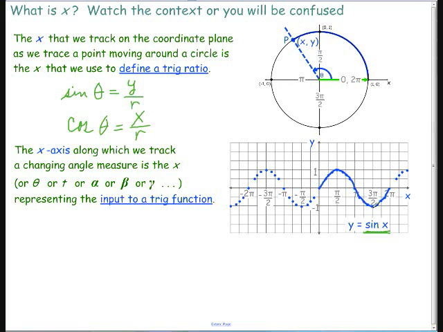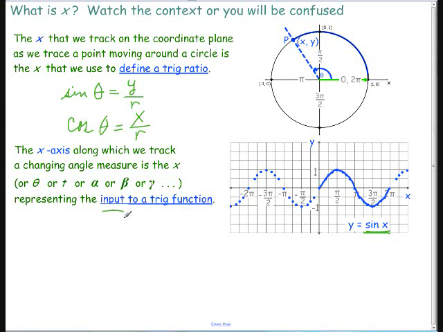And then back up to 0. So one full rotation when we're looking at where an angle sits within a circle, looks like this. A full rotation when we're looking at the trig function, looks like this.